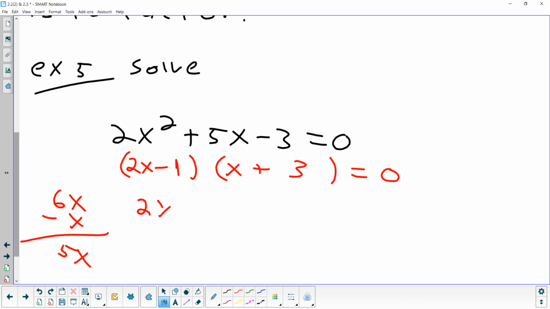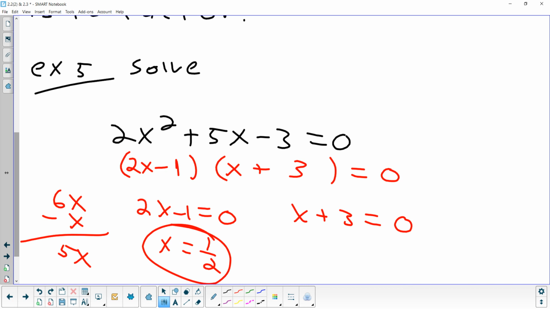Take each one, set them equal to 0, and solve. So you get x equals a half, x equals negative 3. And those are our two answers. Any questions on that factoring method?